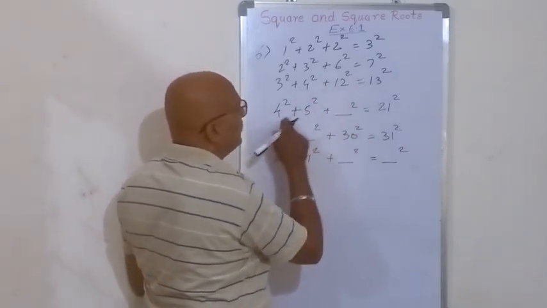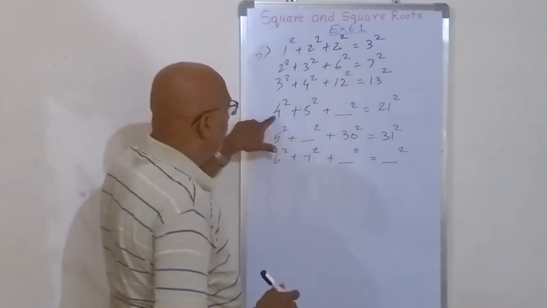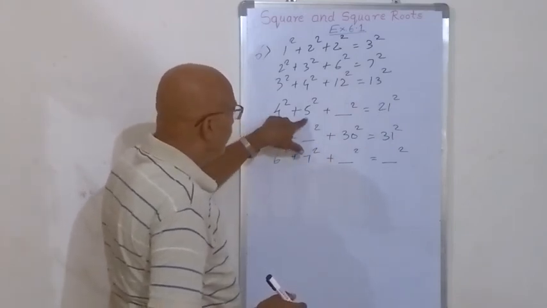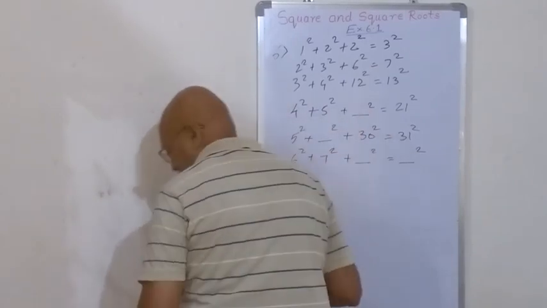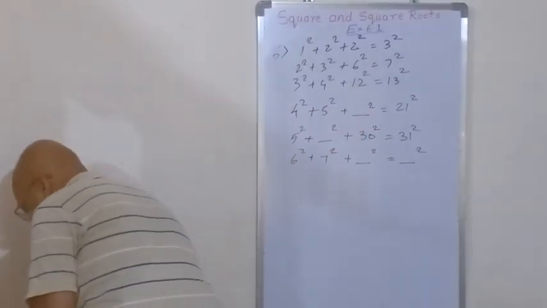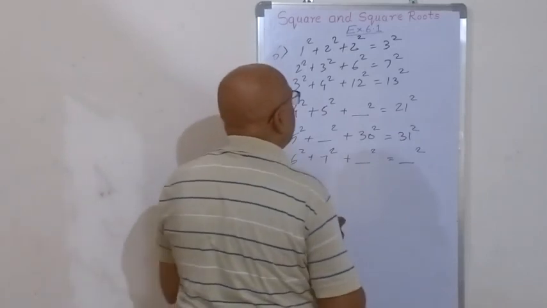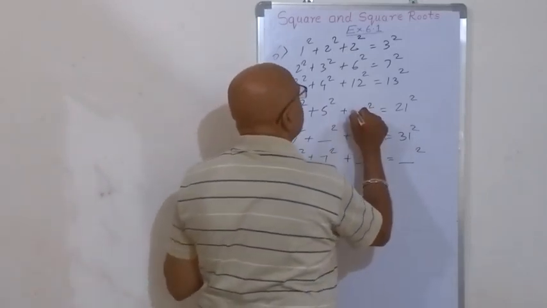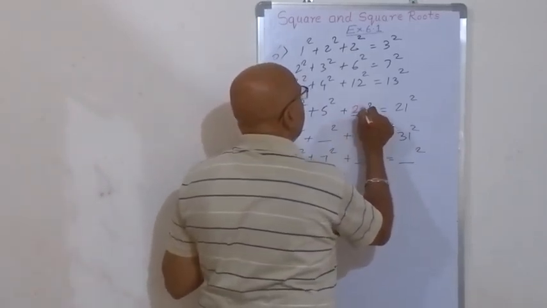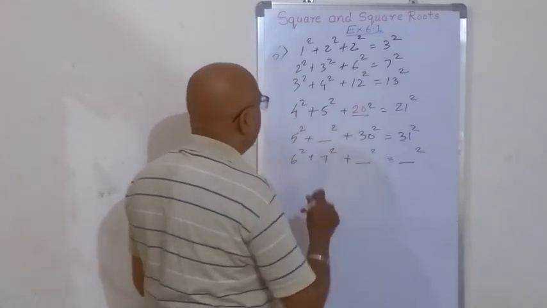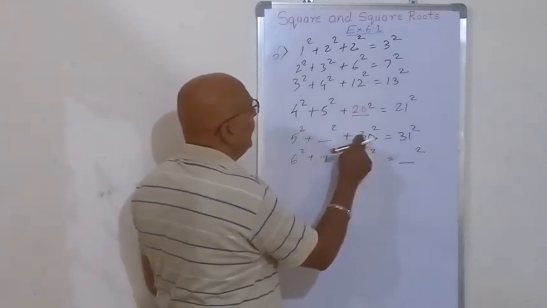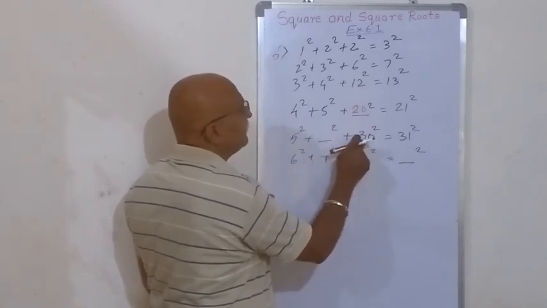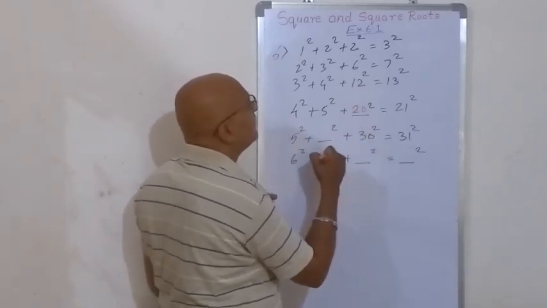So similarly we have to fill here. Now here 4 square plus 5 square. 4 into 5 is 20. So obviously here we have to write 20 in the blank. So here it will be 20 square. 5 square plus dash square plus 30 square. Now in 5's table, where is 30? 5 sixes are 30.